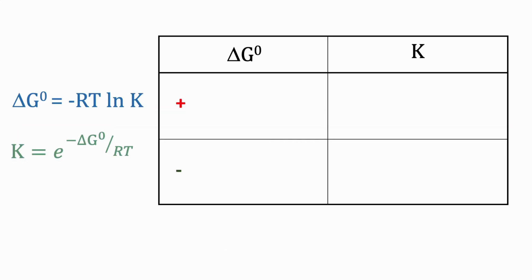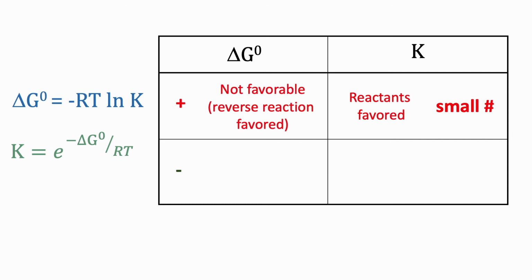So we've talked about the equilibrium constant and how when it's a small number, that means that the system favors the reactants. Well, what does that mean in terms of what's happening in your system? It means products are turning into reactants. And so the reverse reaction is what's favored.